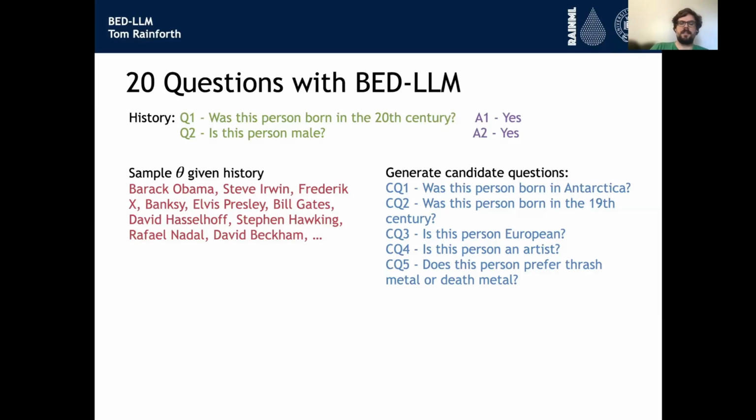We might have the question, is the person European? This is potentially much more sensible. We have, is this person an artist? This is not a truly terrible question, but it isn't a very good one, because it's still quite unlikely that the person is an artist. For this kind of 20 questions problem, we can think of the best question as the one that splits the possible hypotheses in half.